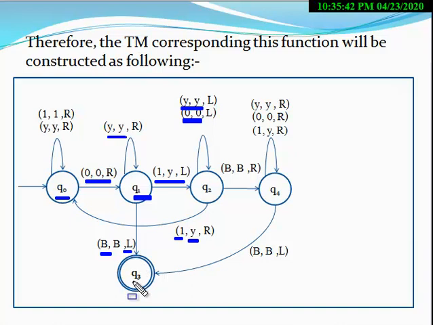So there are two actions. One is the machine moves in the left direction, and the second action is the machine moves from q1 to q3 state, right? This is the transition rule for case 1.